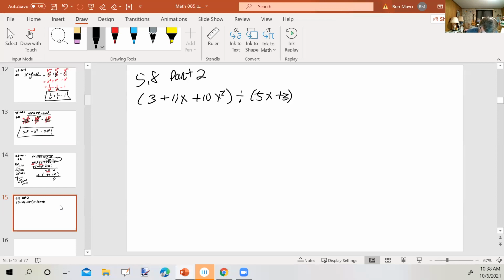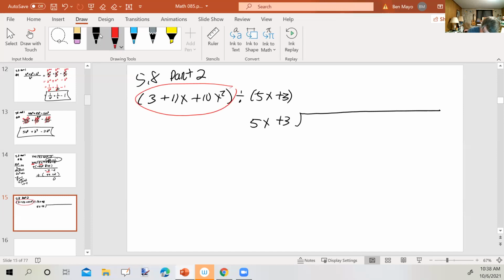So outside, the divisor would be 5x plus 3. Inside the dividend, we're going to take this polynomial and rewrite it in descending powers: 10x squared plus 11x plus 3. Okay, now we'll proceed.